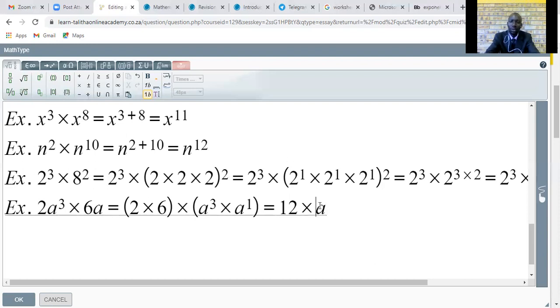Now, we could have this in their own bracket, as I indicated earlier. So, this is going to be A with exponent 3.